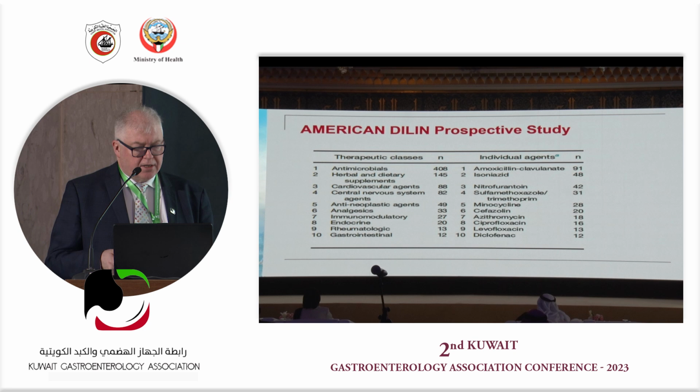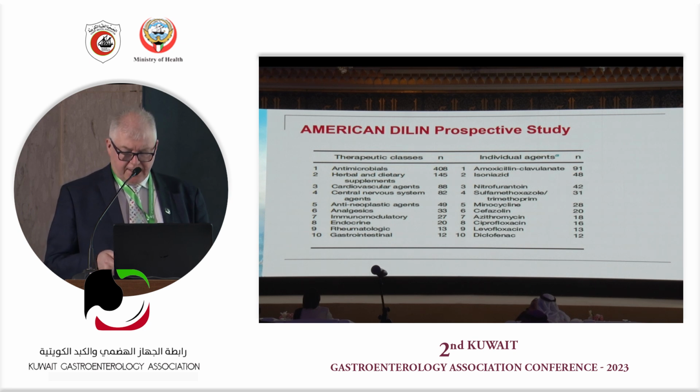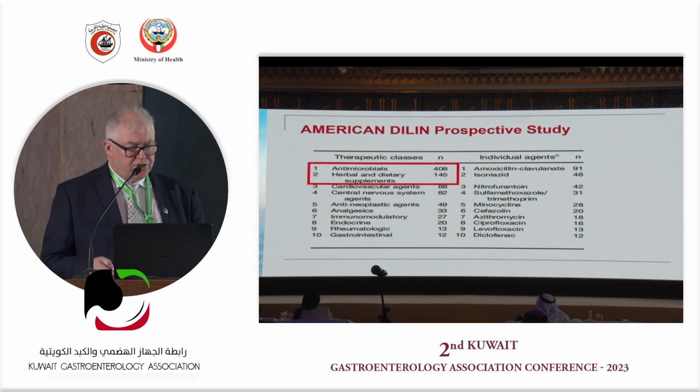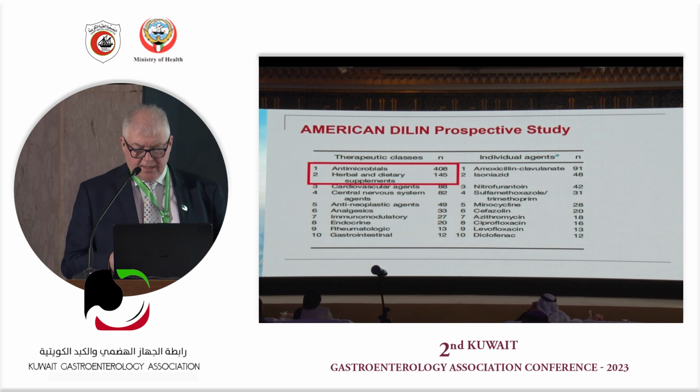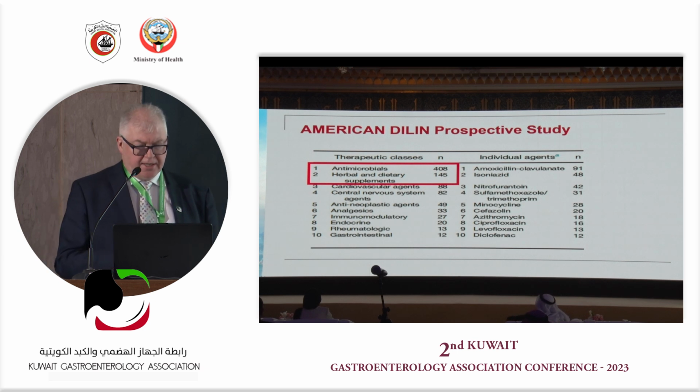So what are the real culprits these days? Well, from this study you can see that the greatest two categories are antimicrobials and herbal and dietary supplements. I've touched on the bodybuilding and we'll touch on those again. But if you look on the left-hand side of your screen, co-amoxiclav, isoniazid, the top 10 individual drugs for DILI in the United States tend to be antibiotic related that are commonly prescribed.